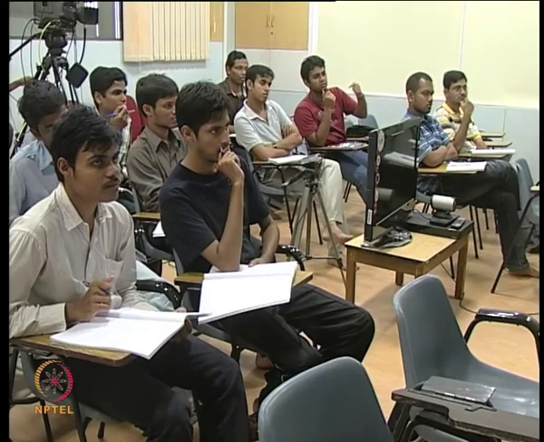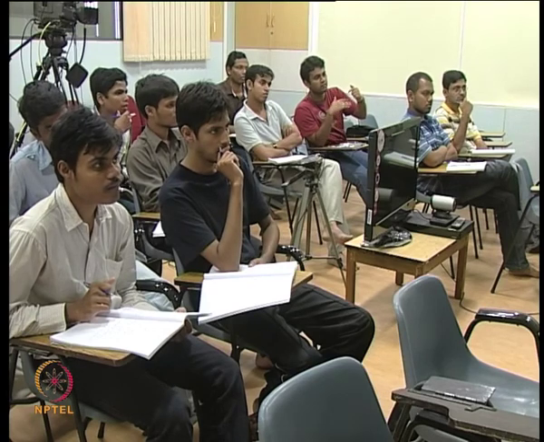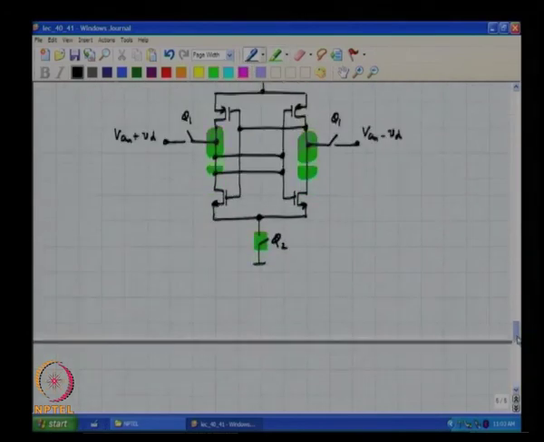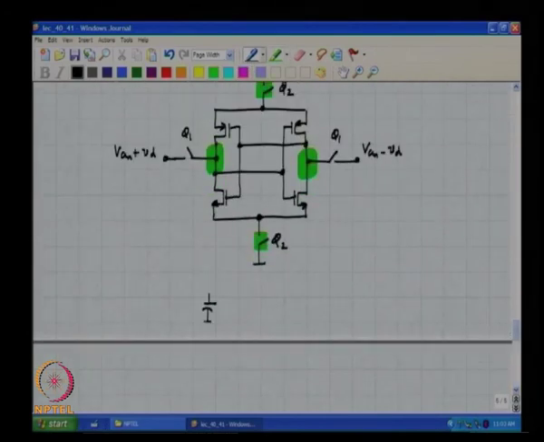Whoever is driving this VCM plus VD node has to discharge or charge the capacitor. So, these two parasitic capacitances are charged, and let us assume that both of these are nominally identical, and one of them is initially charged to VDD, the other one is charged to ground. The inverters have been disabled, why? Because we are trying to write the next input.